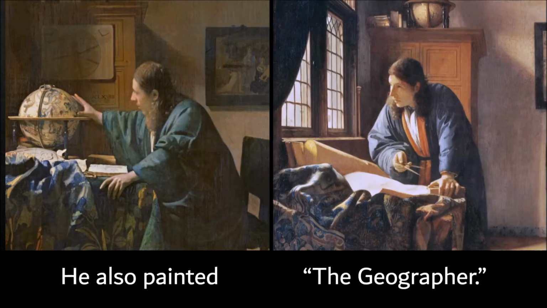perhaps thinking about Magellan or Columbus or other great explorers of his time. The painting that's hanging on the back wall in both of these paintings, you can see it better in the painting of the astronomer.